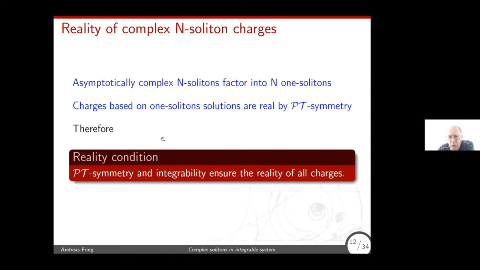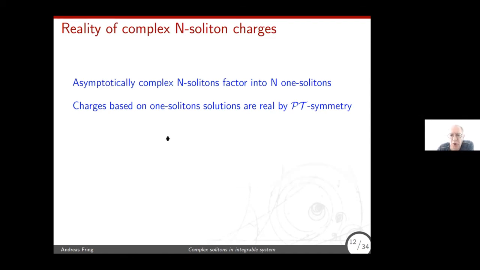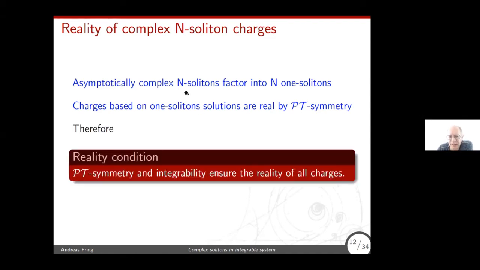No, we can show that asymptotically, the N-soliton factors into separate one-soliton solutions. Yes. So this is what we can show. For the one-solitons, we can use PT symmetry to establish reality. But despite the fact that we may deform them, I can use two arguments.